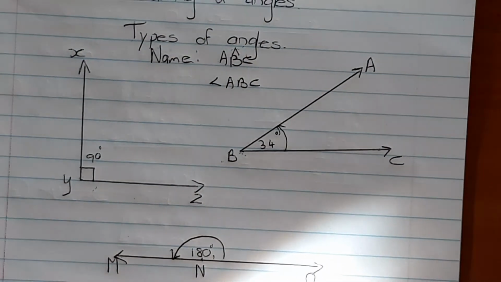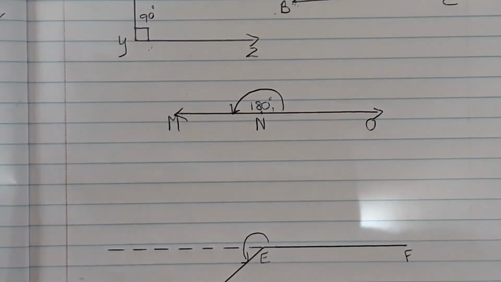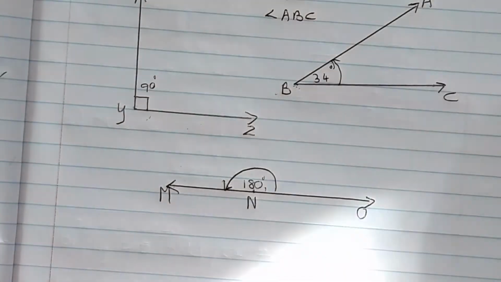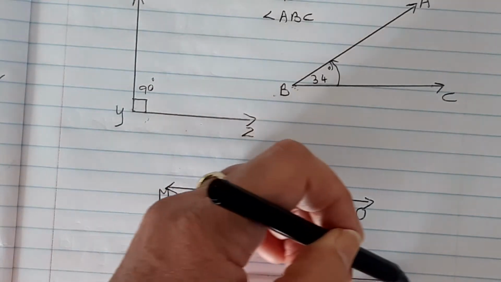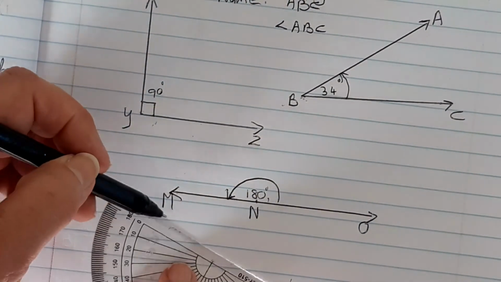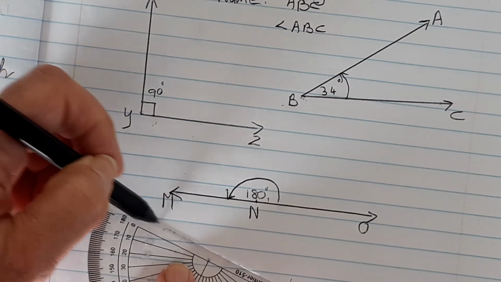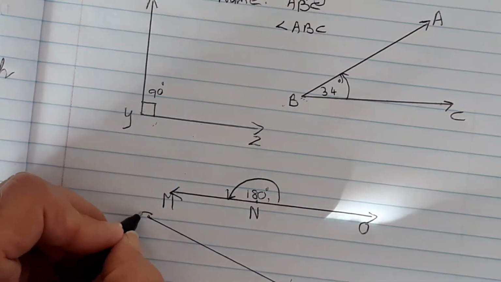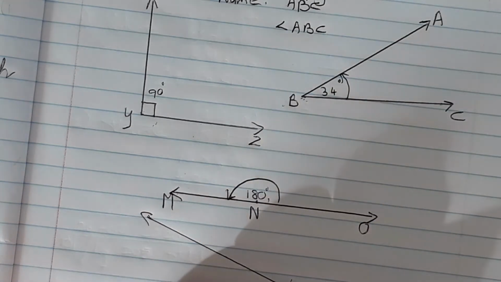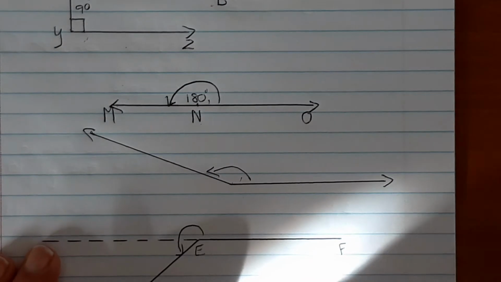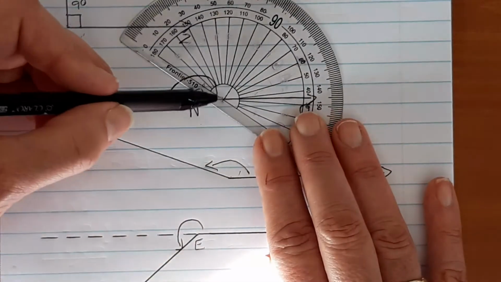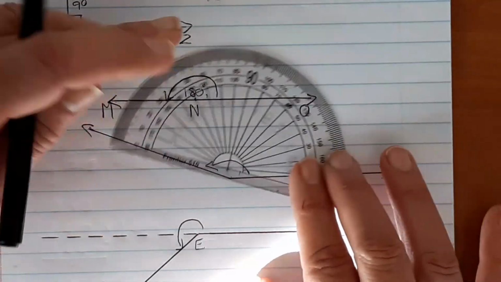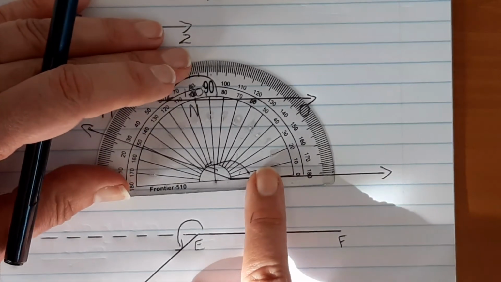To measure an obtuse angle will be exactly the same. So let me draw an obtuse angle here for you. Obtuse, it's huge. Obtuse is between 90 degrees and 180 degrees. Now I want to measure this angle on that side. I'll put the hole of my protractor or the cross exactly on the vertex. And now look, where's the 0?